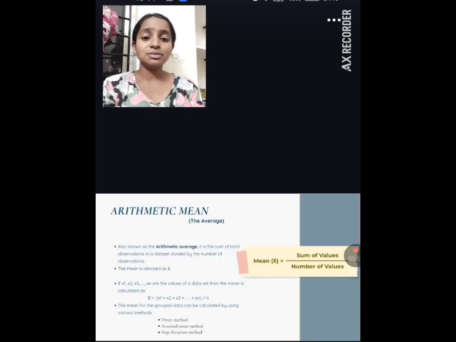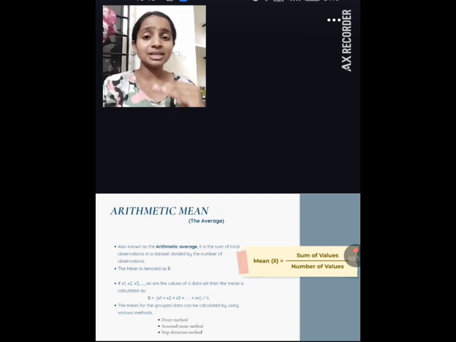So the first one is mean. Mean is also known as arithmetic mean or average. It gives us the average value of the students. It is the sum of the total observations divided by the total number of observations. That is mean, and it is represented by the letter x bar, and x bar is equal to the sum of values divided by the number of values.